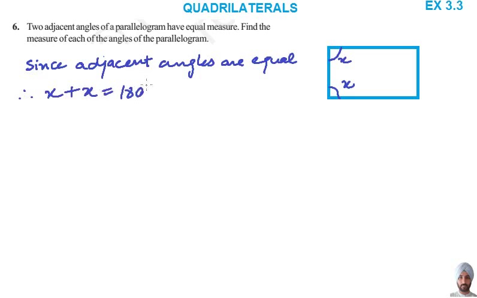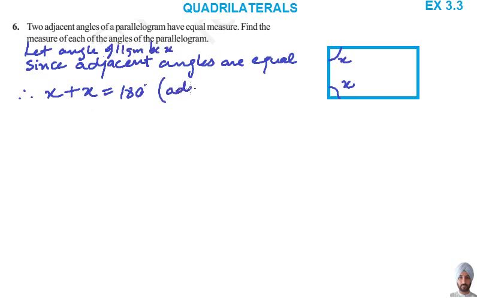Let us first of all write that we let this angle of the parallelogram be x. Okay, and then you should write this. So this is equal to 180. Why?